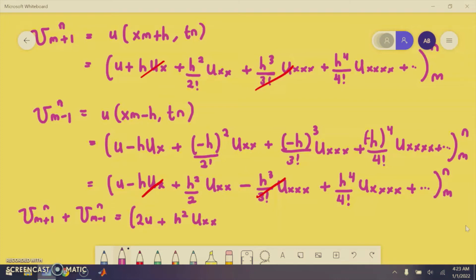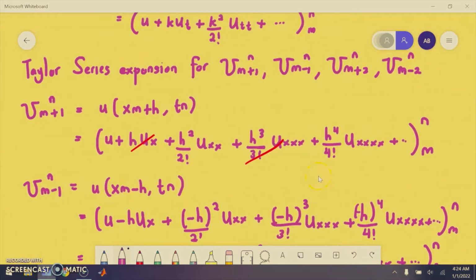Then h to the fourth over 24, since 4 factorial is 24, plus h to the fourth over 24 will give me h to the fourth over 12. Okay, that's good because we have considered the Taylor series expansion for these terms.